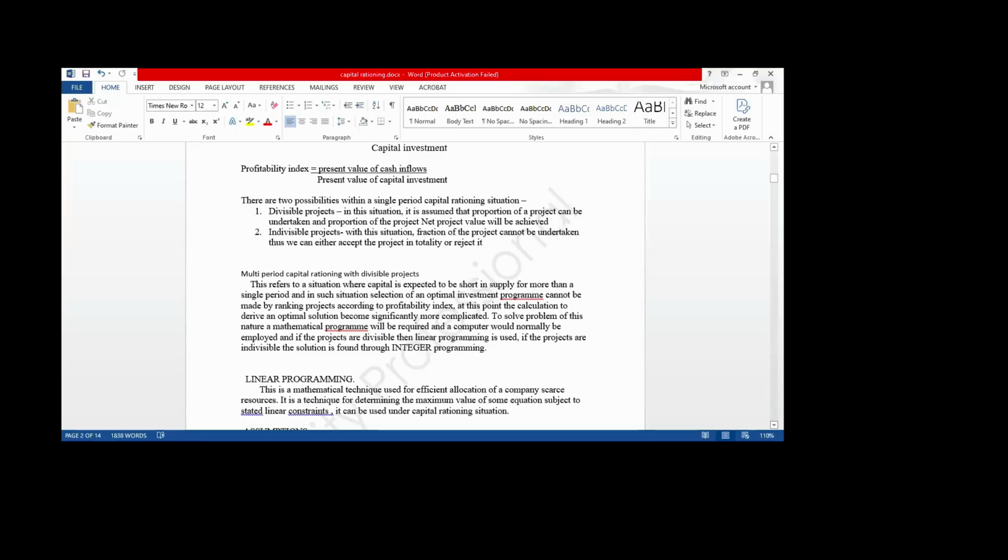In such a situation, selection of an optimal program cannot be made by ranking projects according to profitability index.